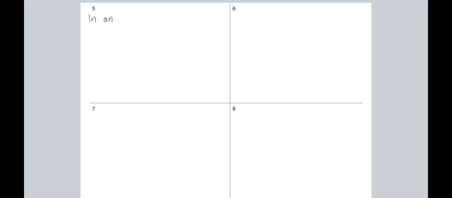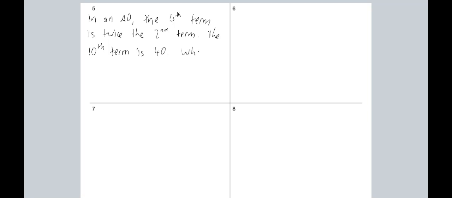In an AP, the fourth term is twice the second term. The 10th term is 40. What's the first term?